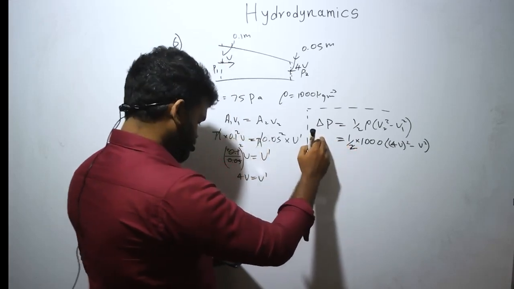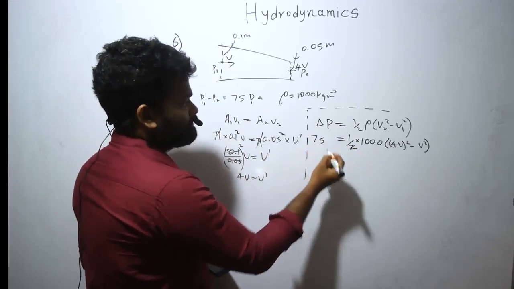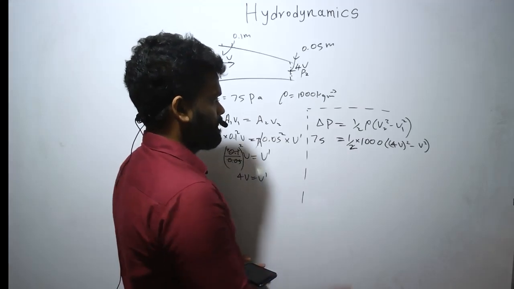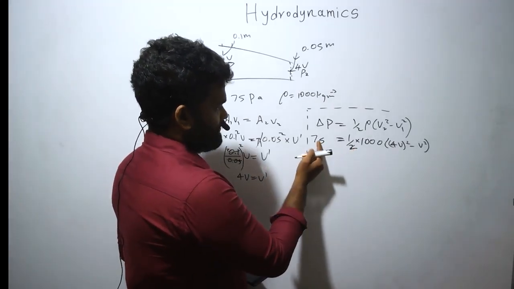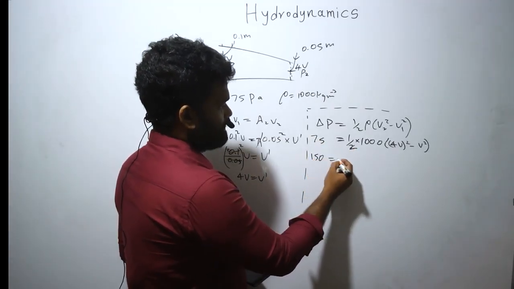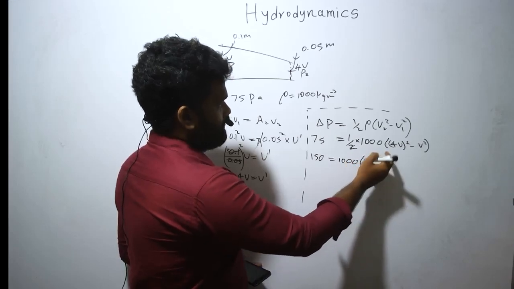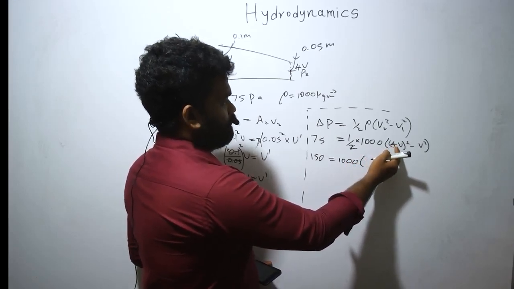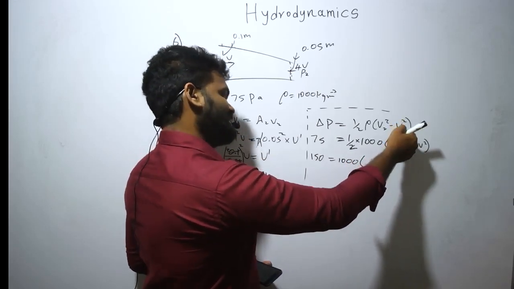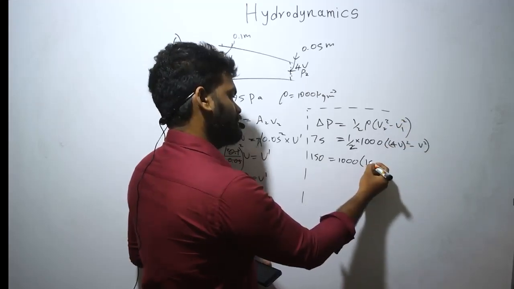And the pressure difference is given as 75, right? Okay. So if you want, you can multiply this here, so it becomes 150,000. 4 squared means 16 minus 1, 15.